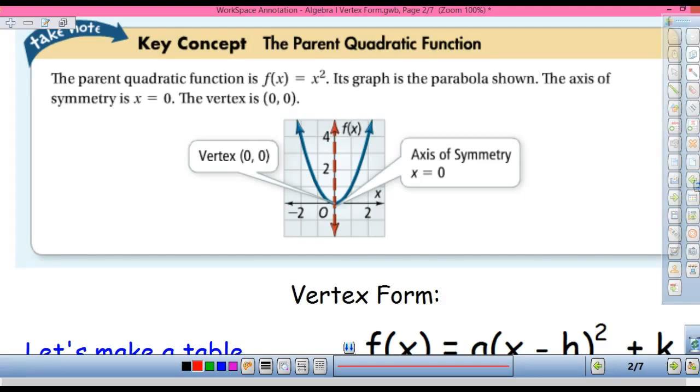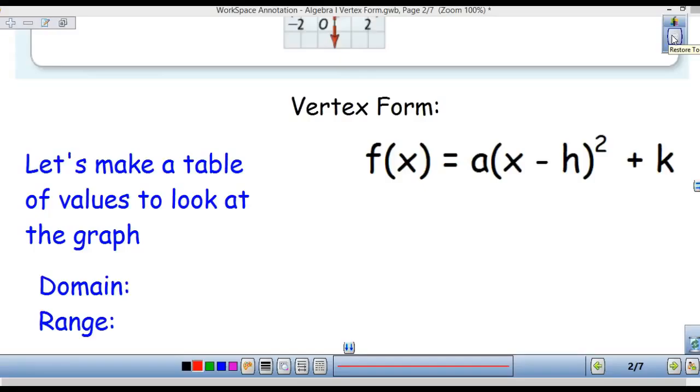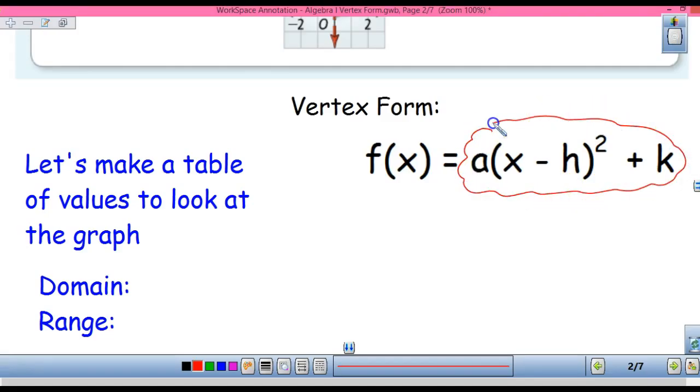And that form is called vertex form, okay? And this is what vertex form looks like. Okay, it is a times x minus h squared plus k.